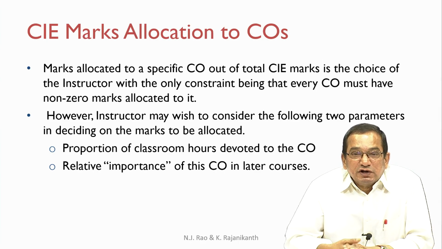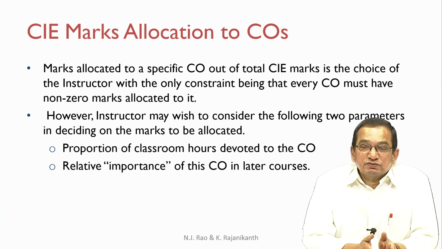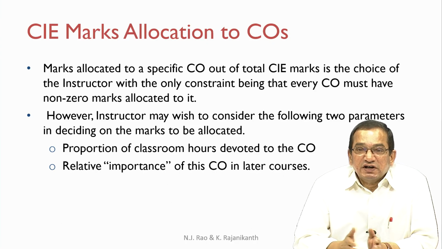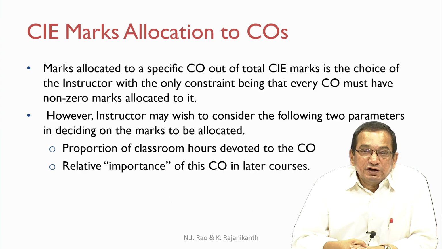So, the proportion of the classroom hours devoted to the CO plays an important role, but it is not algorithmic, in the sense that the same percentage of 50 is devoted to that CO. It is not like that, but it is an important parameter that a teacher must take into account.